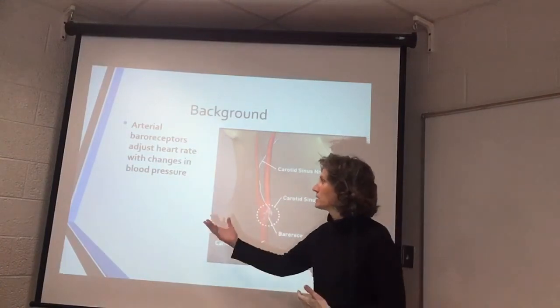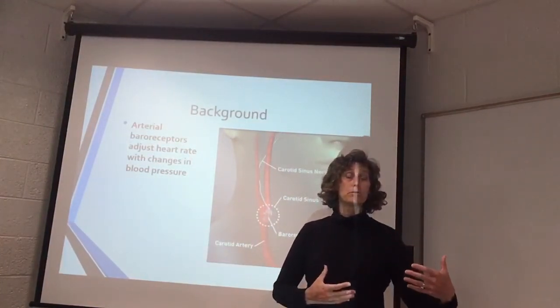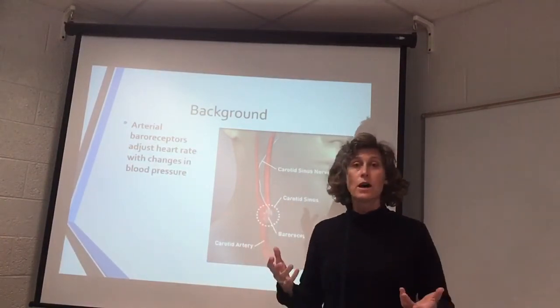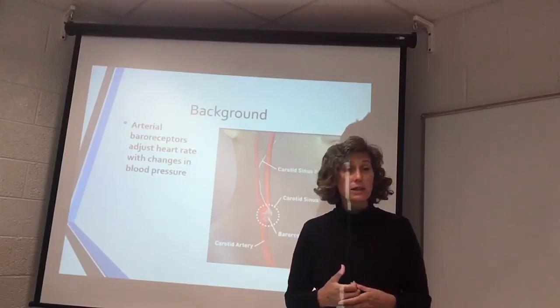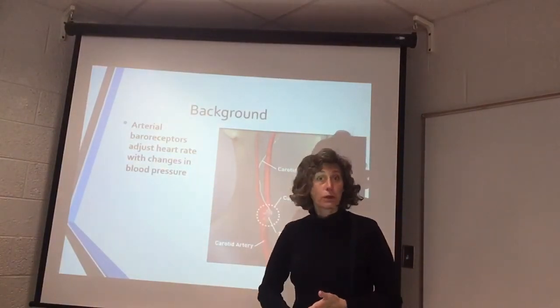One of the other mechanisms for changing heart rate has to do with changes in blood pressure. If we're lying down in bed and we suddenly try to stand up, this dramatic change in posture equates to a change in blood pressure.